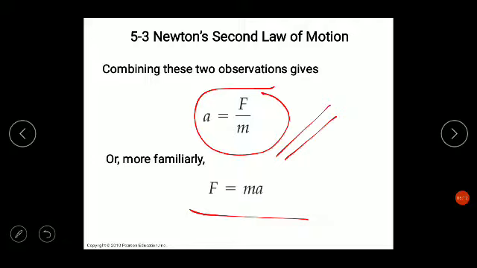Because although they are mathematically correct, in a physical sense, acceleration is a byproduct or the aftermath of the application of the force. Just like in a car, the car accelerates because of the force coming from the engine. So this one basically is the dependent variable. This one is the independent variable. Okay, so you have there.